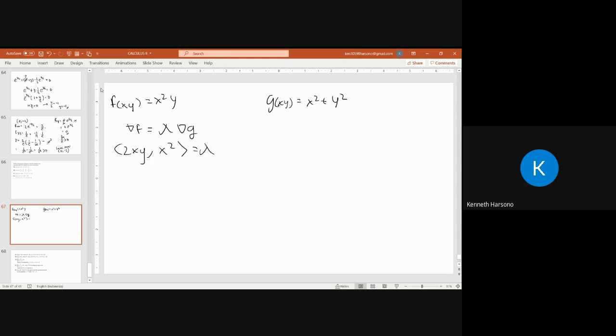It's equal to lambda times 2x and 2y. So you get two equations, right? 2xy is equal to lambda 2x, and x squared is equal to lambda 2y.